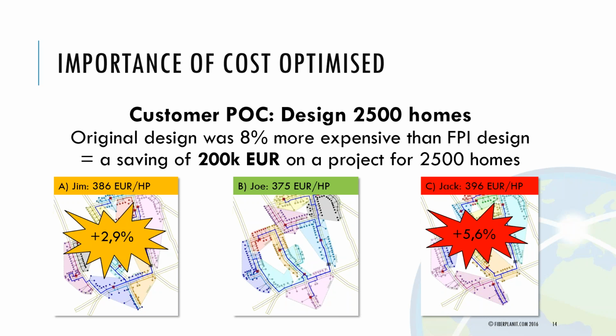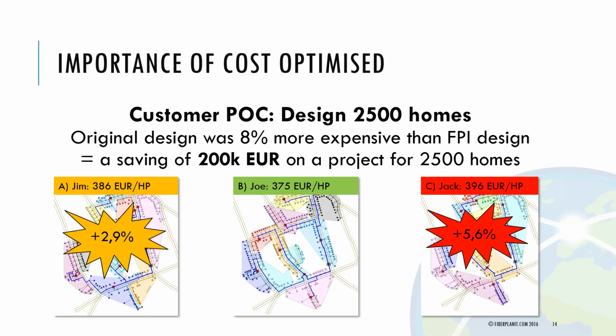Imagine that you do your design manually, following the design guidelines. If you give your area to three different designers, it's possible that they all come up with a valid design, but the designs will look a bit different.